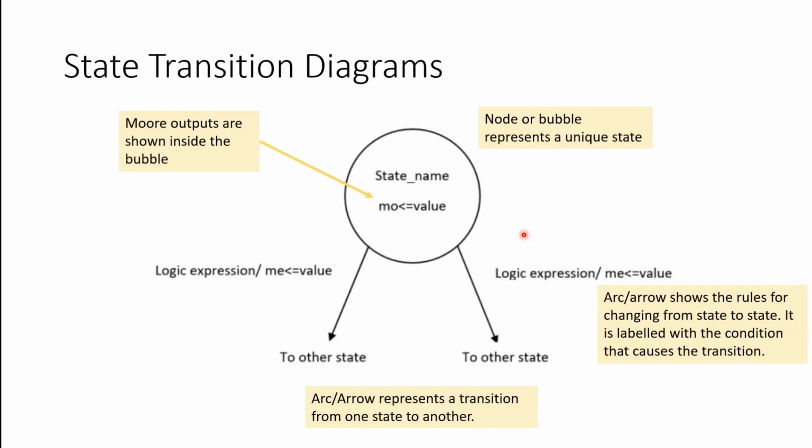Now, for Moore state machines, the outputs of a particular state are shown inside the bubble like this. For Mealy machines, however, the outputs are shown on the right-hand side of this forward slash on the transition or the arc. And we will see this in a little while to get a better appreciation of this distinction.